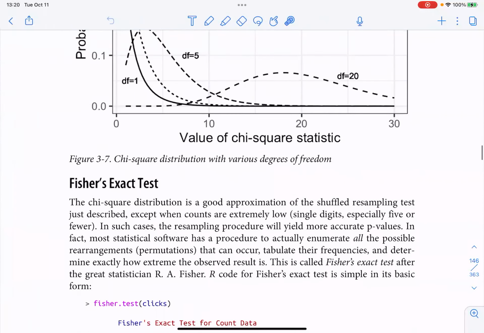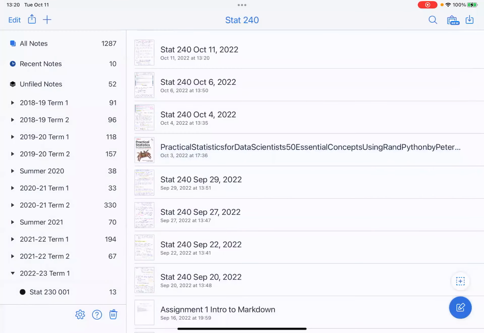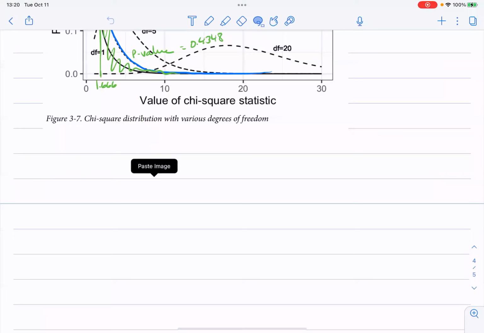So Fisher's exact test, right? It sounds fancy, but because it considers all the different combinations, all possible outcomes, you have this exact probability of seeing what you saw, because you're generating all the possible outcomes. But then in R, of course, it's pretty easy.